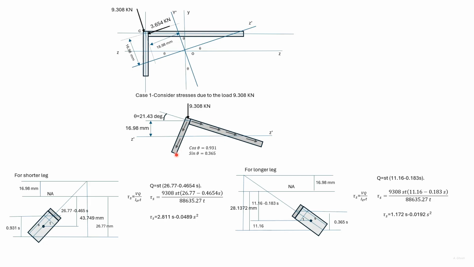We'll find out the stresses in the shorter leg first. As earlier, we considered a portion of length S. The distance of the point C from the edge is 47. So the vertical distance is 47 into cos theta.